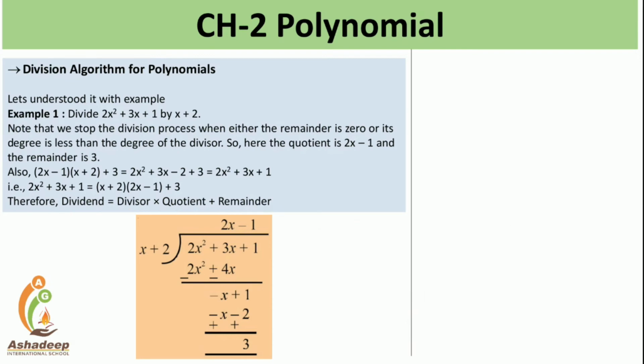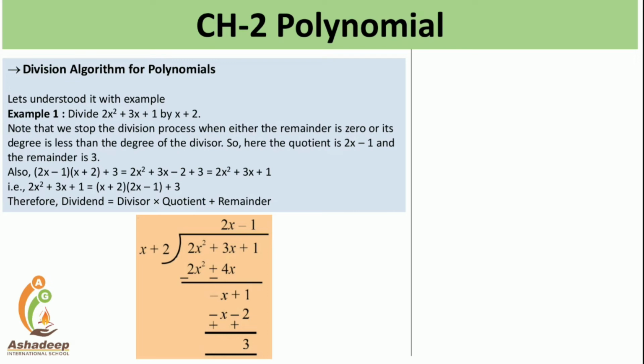Okay, so now the question is, divide 2x square plus 3x plus 1 by x plus 2. The steps and the solution are already given here, but let me solve it. So what is the first step? Just focus on the steps that I did here.